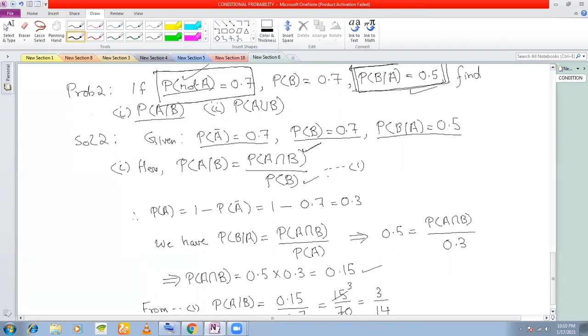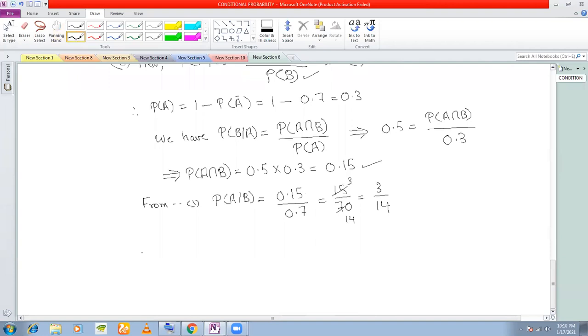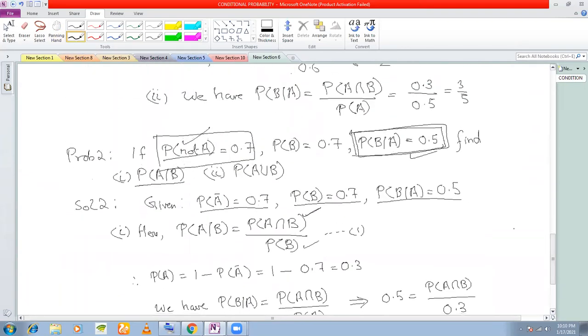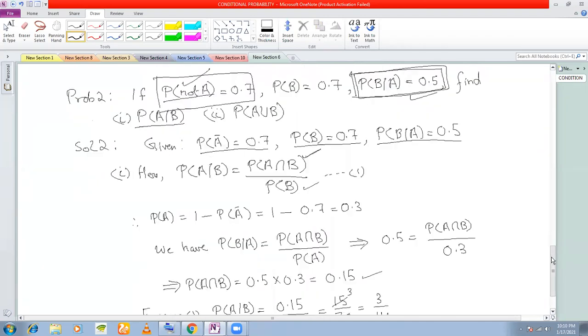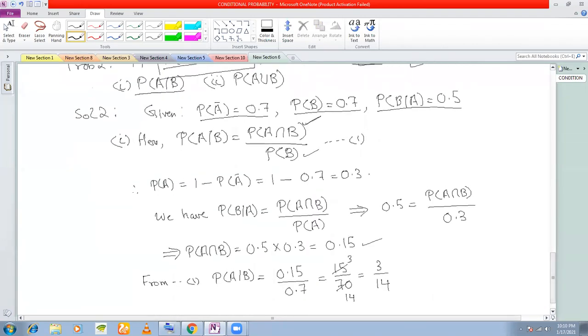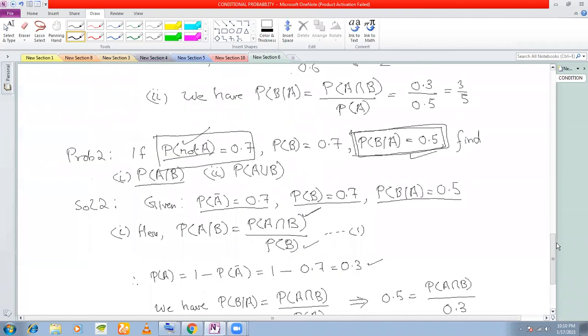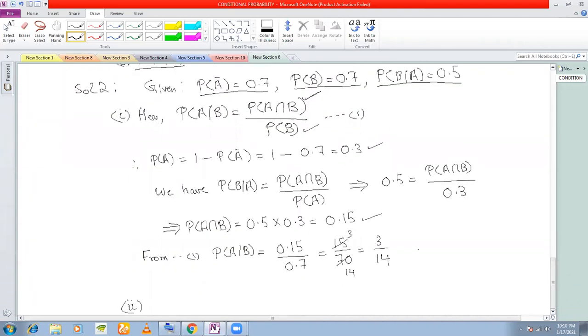Now the next question is P(A union B). So how to find out P(A union B)? Now see, you know P(A), we just found out P(A) here, right? P(A) is 0.3. You know P(B) also, right? And you know P(A intersection B) also. Not this, but in fact the above one.